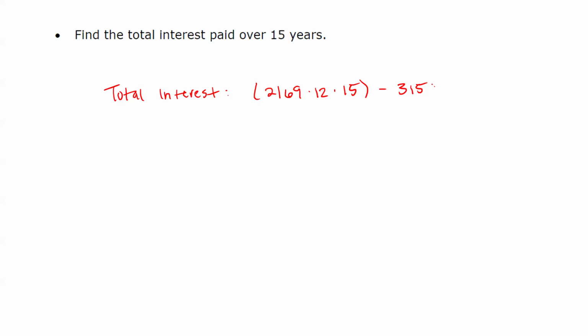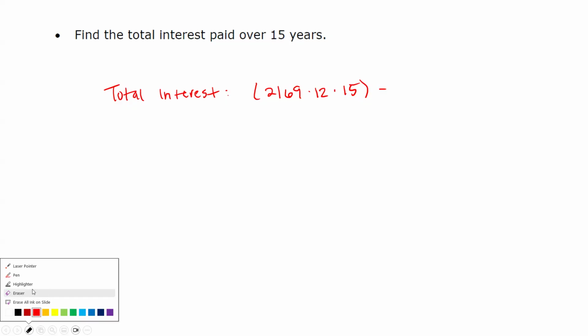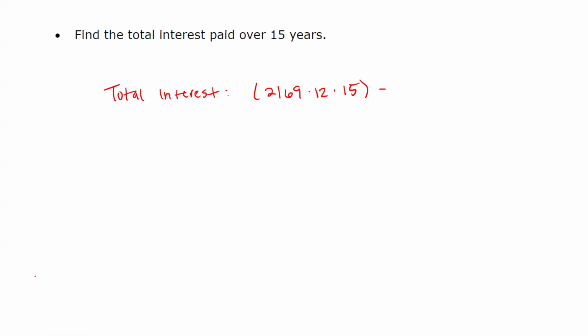The cost of the house was $315,000, but we actually want the cost of the loan that we took out, which was $283,500.